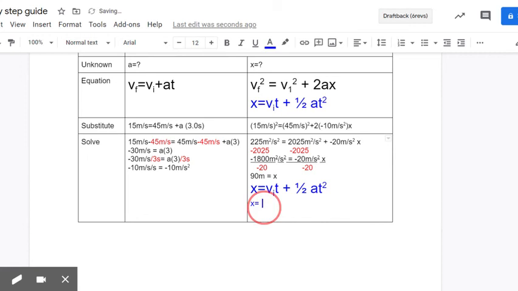My V initial, we said, was 45. My time is 3 seconds, plus 1/2. My A was -10. And my time again is 3 seconds.